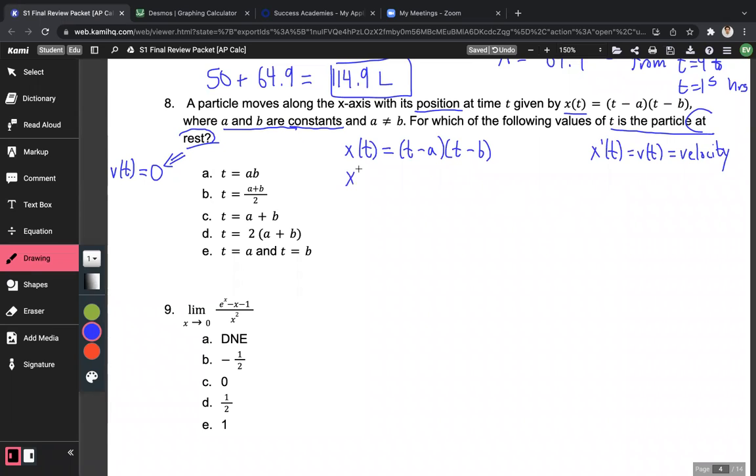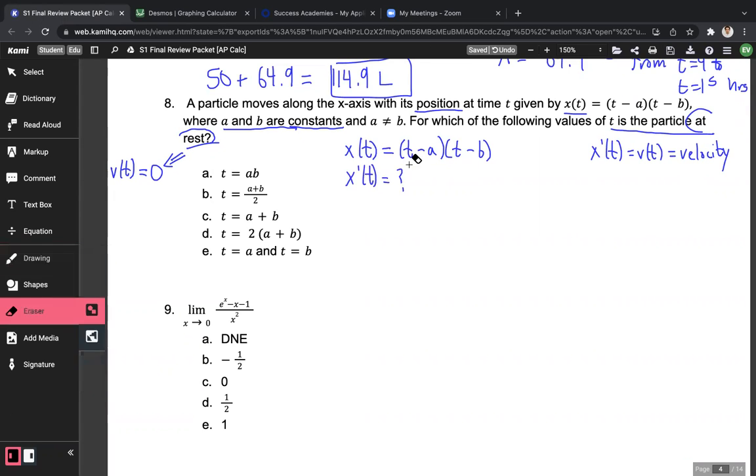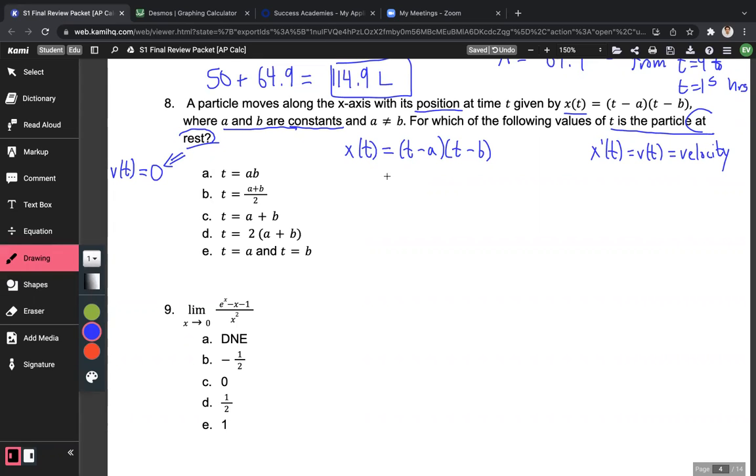So x prime of t, what's that equal? Well, like I said, it's not always a good idea to just jump into doing algebra, because if you don't have a goal, it's not helpful. But this derivative might be a little easier to compute if I first actually rewrite this in standard form. You should recognize that this is a quadratic, so I've got t squared minus at minus bt plus ab.